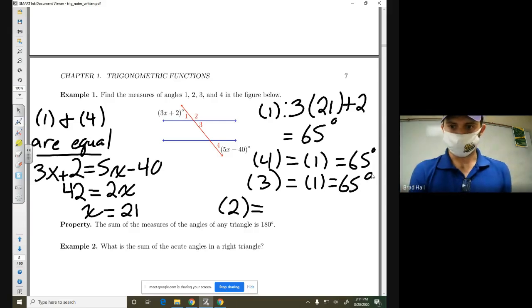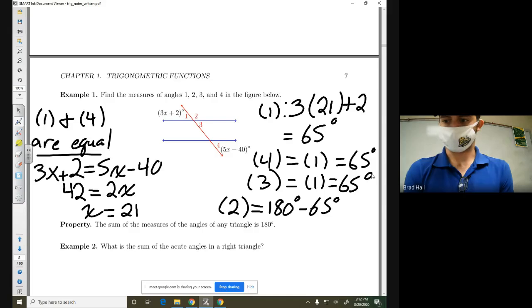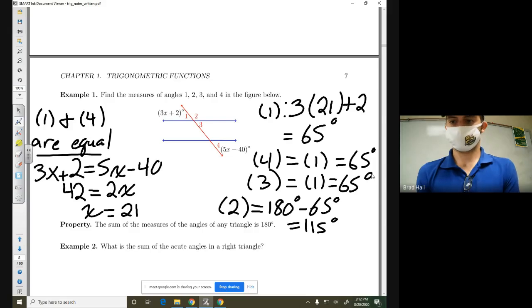So angle 2 is simply 180 degrees minus the 65 degrees we found. So what is that? It's like 115 or something? Yeah. So that would be the 4. So that's angle 1, angle 4, angle 3, and angle 2. They're pretty straightforward.